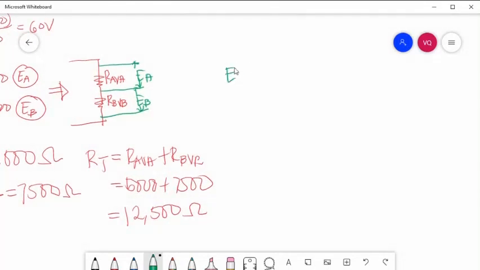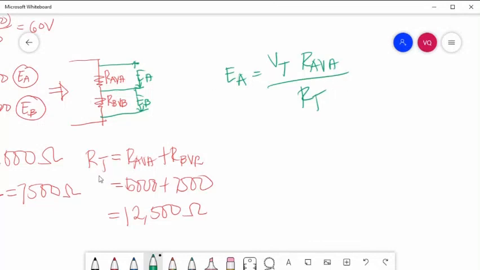So EA is equal to total voltage multiplied by RAVA divided by total resistance.